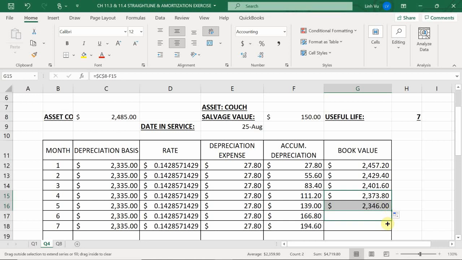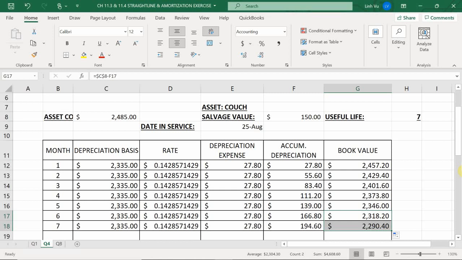And then the book value after month 6: 2318.20. And last but not least, what about month 7? 2290.40. Now in this case, I'm doing this by month.